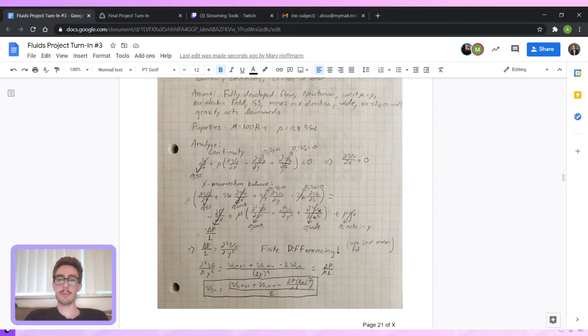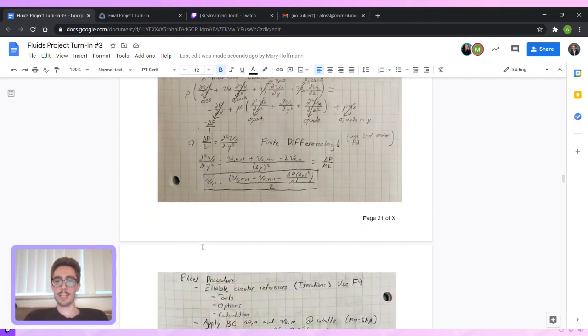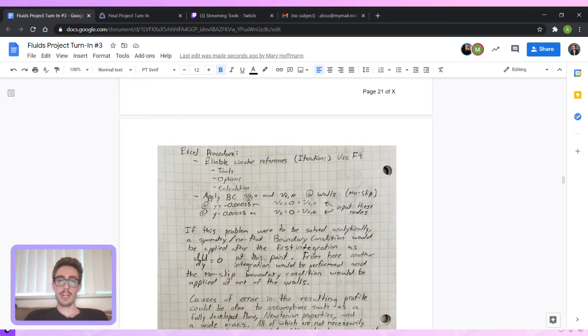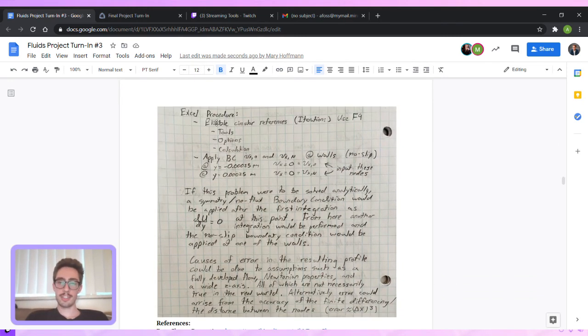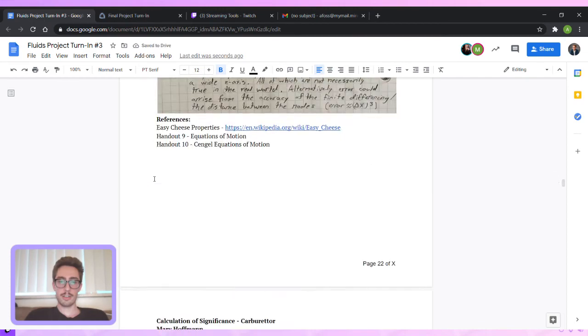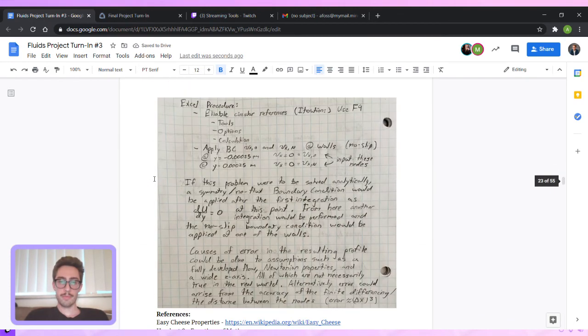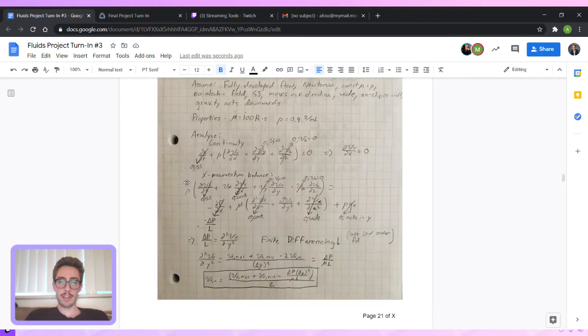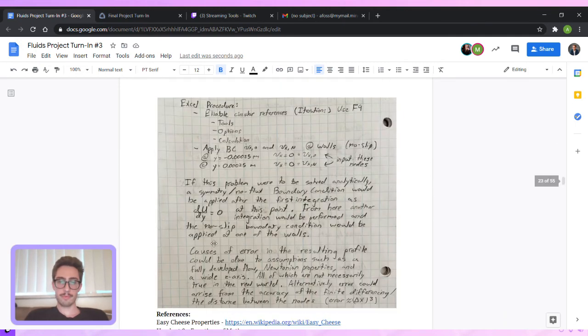From here, it's an Excel problem, and so I asked for the Excel procedure. Basically, we're going to enable circular references so that Excel can do this calculation. Then we're going to apply the boundary conditions at Vx of n equals 0 and n equals the final n.